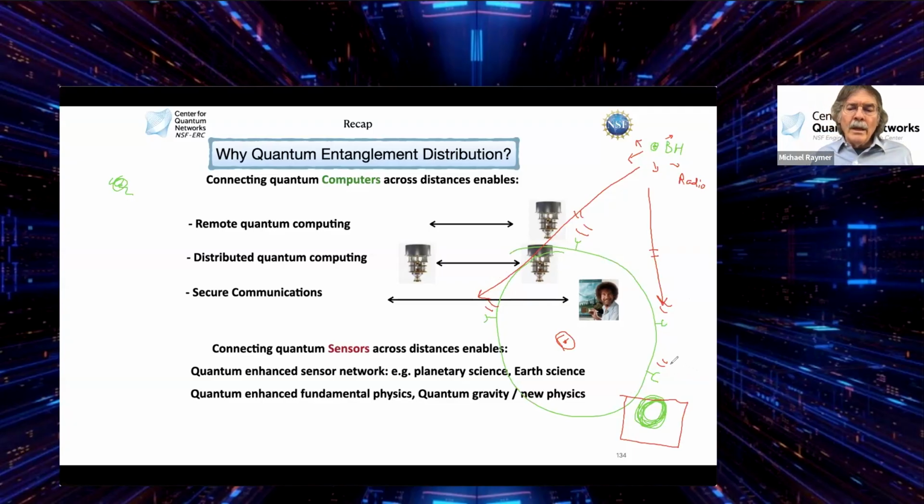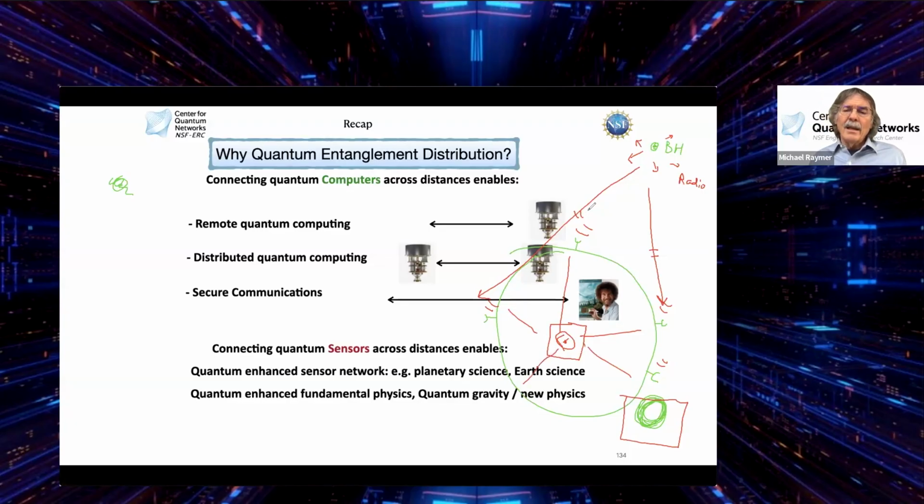So quantum technology can improve this imaging of astronomical distances in two ways. One, it can improve the clock by having quantum signals sent to a central atomic clock.